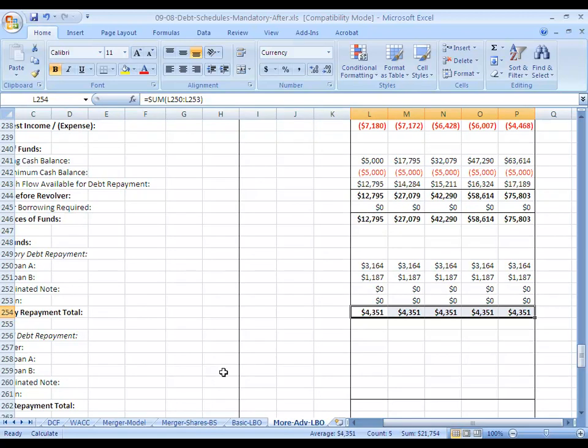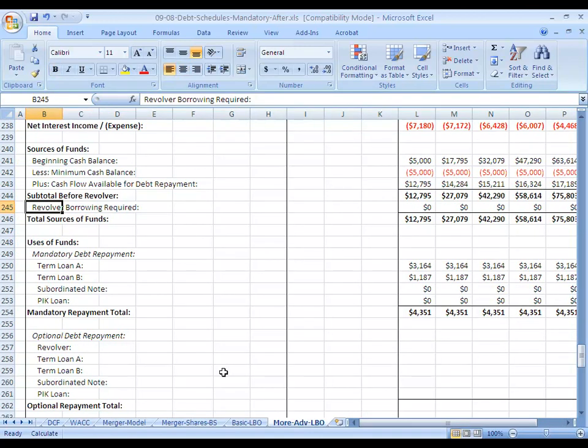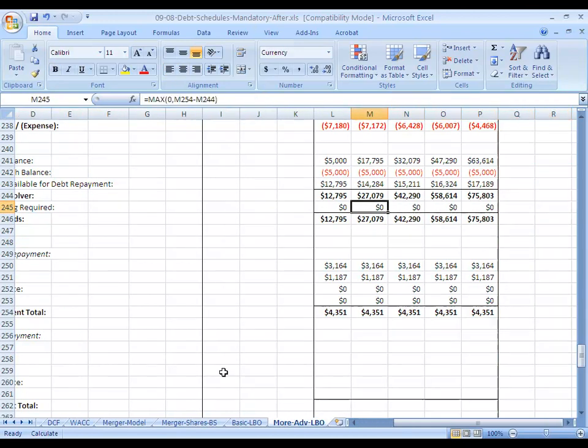Really, unless you're over leveraged or have so much debt that it's going to be close to impossible to repay everything, it's fairly unusual to see a drawn revolver, especially in an LBO like this where you have a huge company and it's not leveraged too aggressively. So it's not uncommon to see an undrawn revolver throughout the course of an LBO model here.